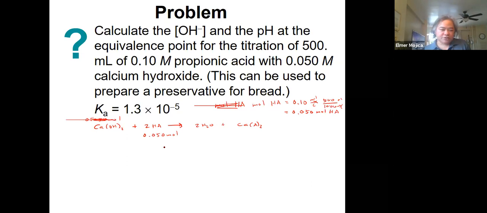So how many moles of calcium hydroxide do we have? Anyone? If we have 0.050 moles of the propionic acid, how many moles of calcium hydroxide do we have at equivalence point?